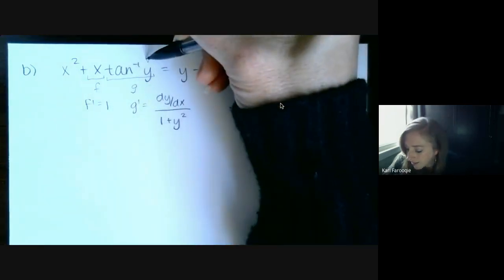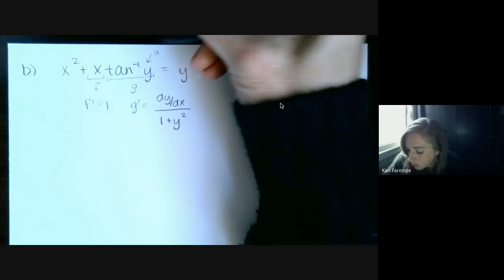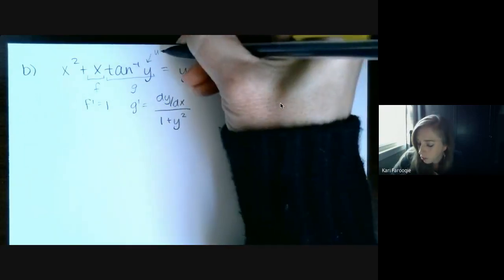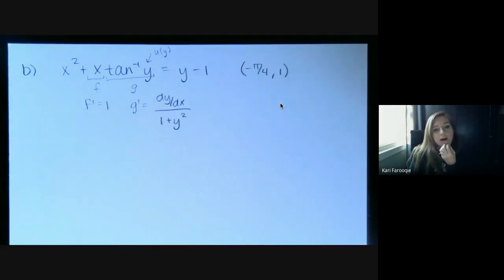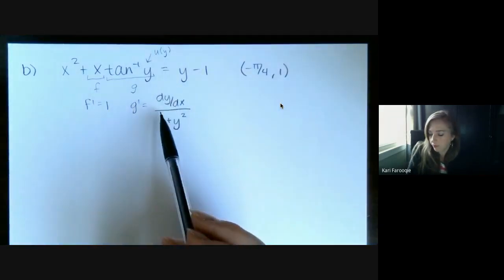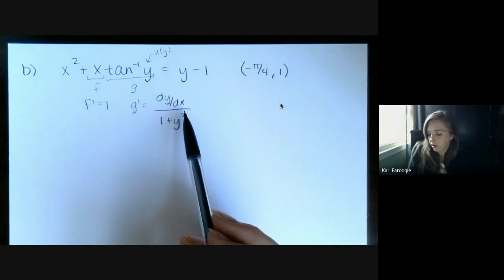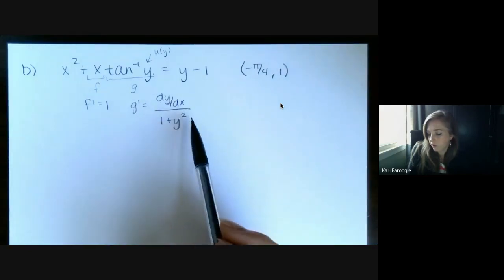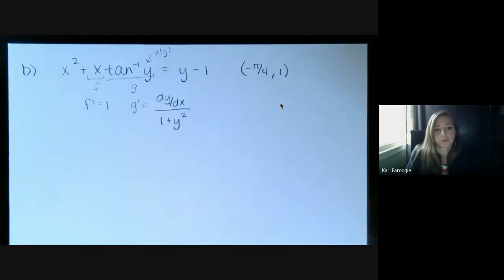So again, with the notation, in this case, u of y would be y. So we took u prime, which is dy dx, and divided it by 1 plus u squared. And you've got your dy dx in there, so you're good to go.